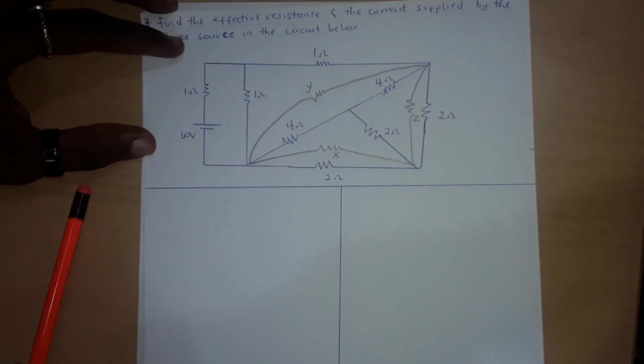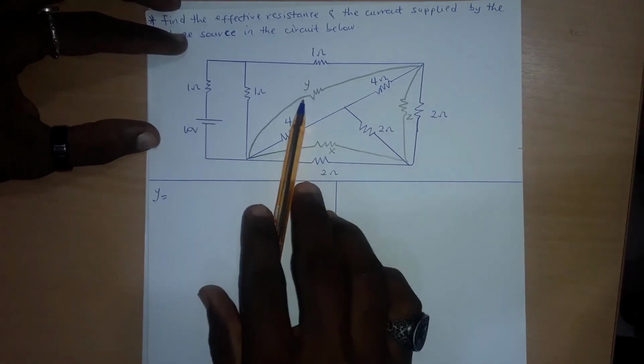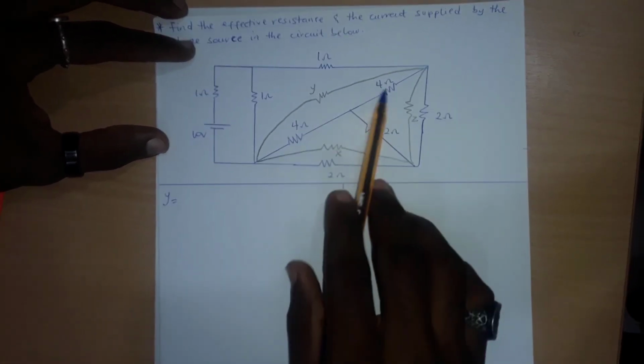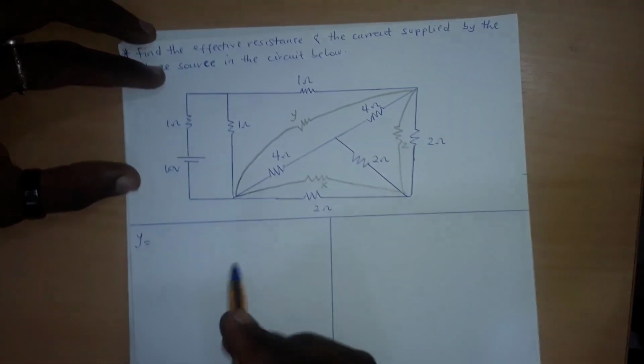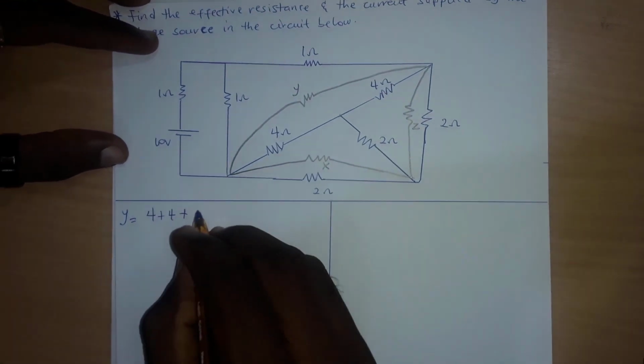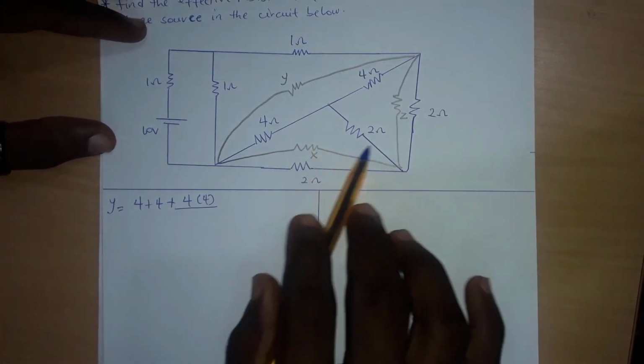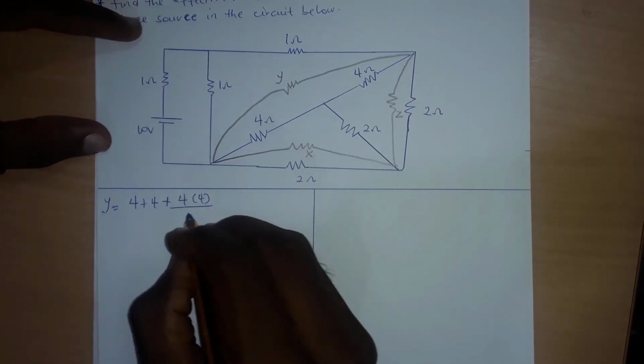So what will happen? If you want to find Y, it is facing 4 and this 4 ohm here. So we will add them, that is 4 plus 4. Then we will multiply them, 4 times 4, all out of the resistor that we did not use, in this case 2.